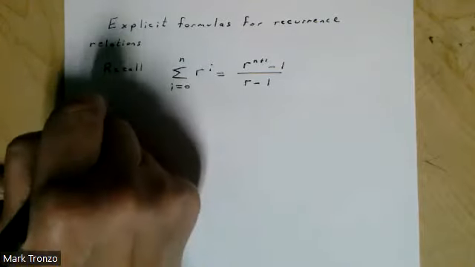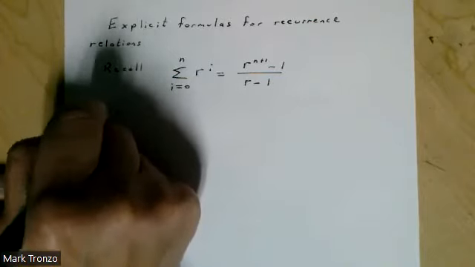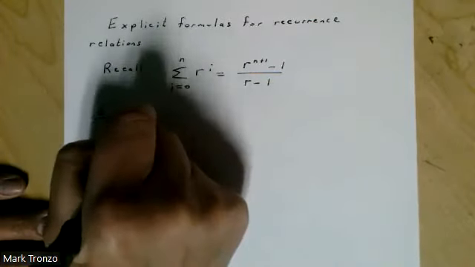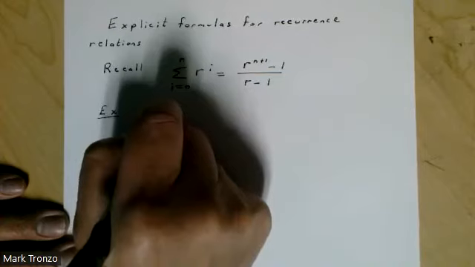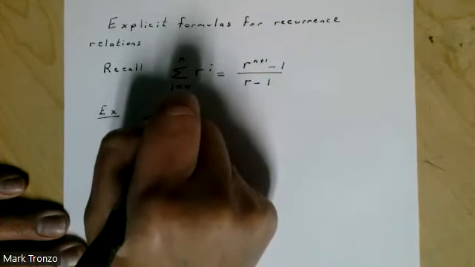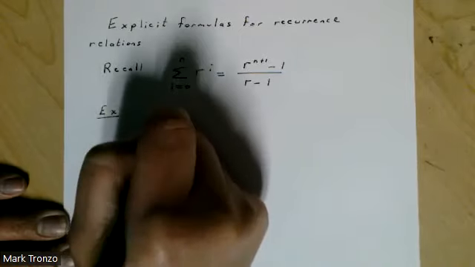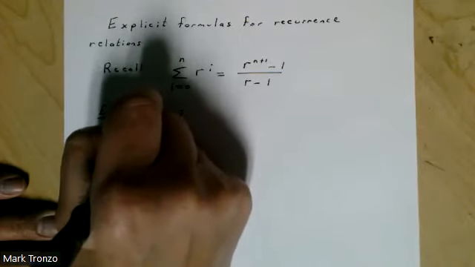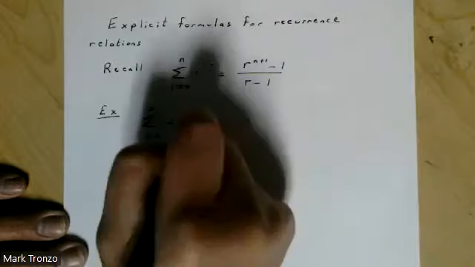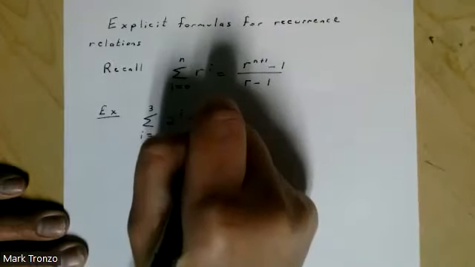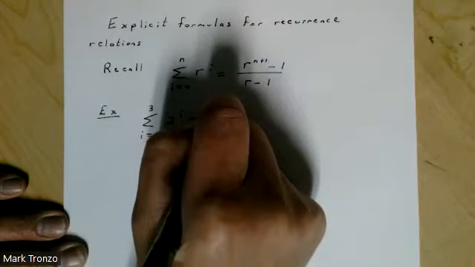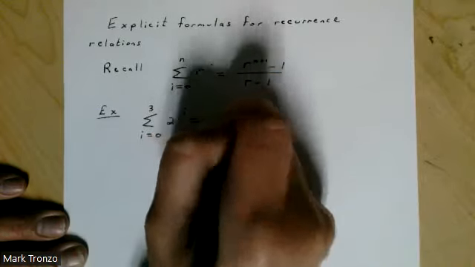So, for example, if you have the summation of 2 to the i, i equals 0 to 3, let's say, that sum is going to be equal to 2.